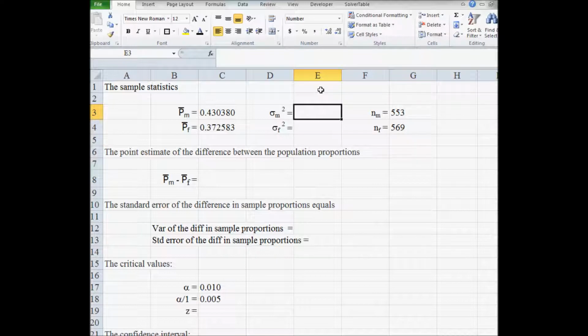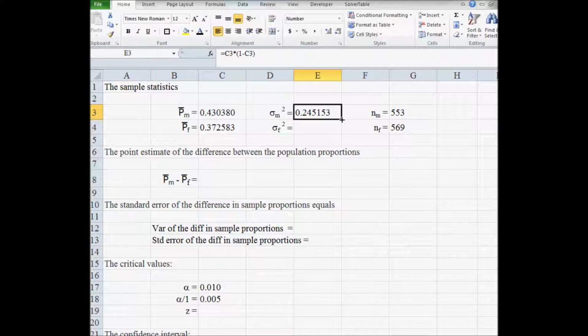The variance that we're going to use for the male proportion is the male sample proportion times 1 minus the proportion of males who support the president.